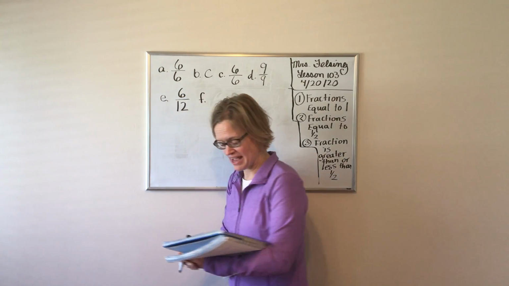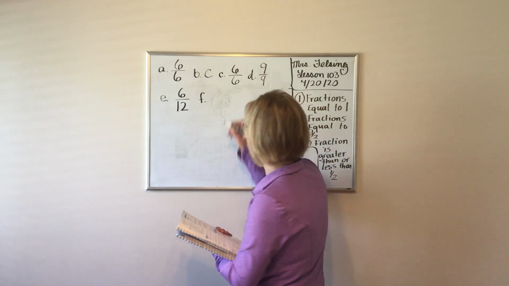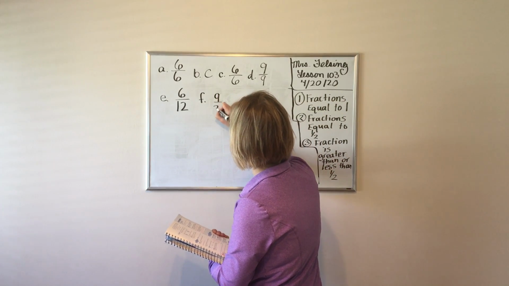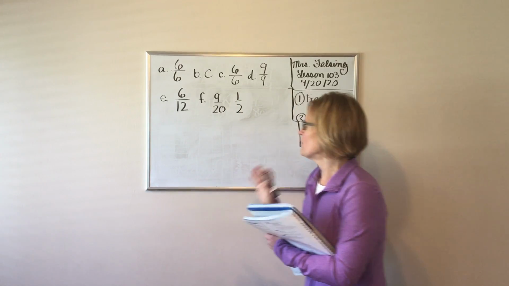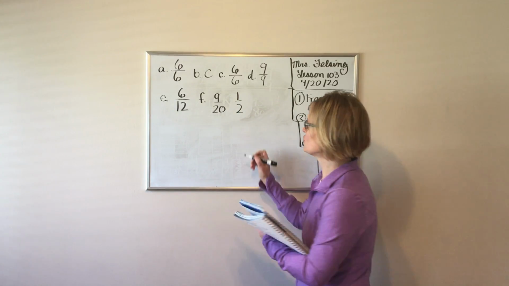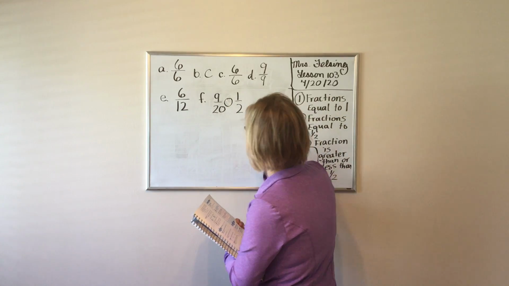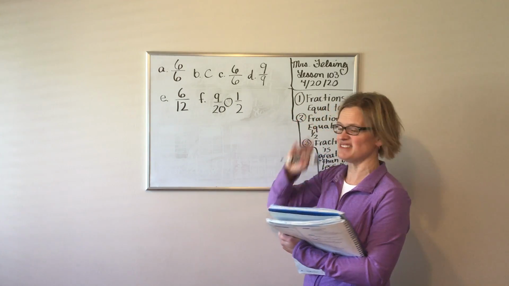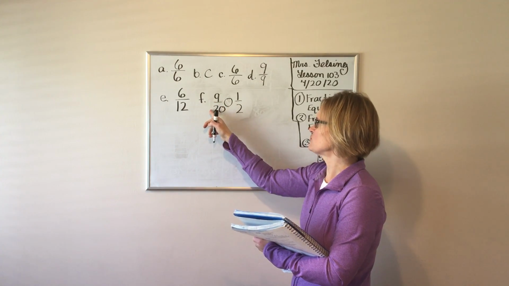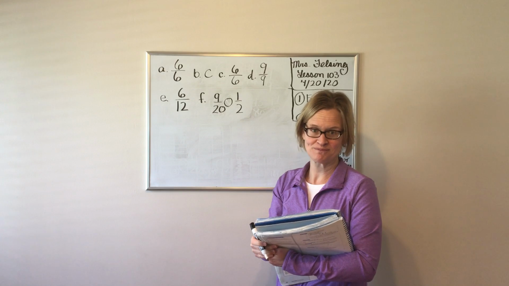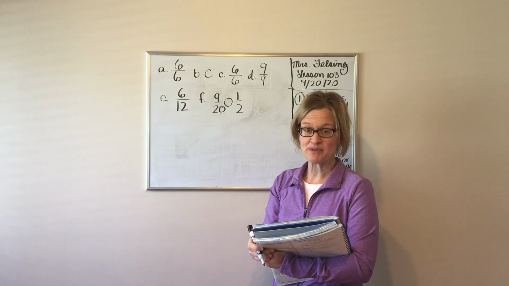Then we go to letter F. Compare 9/20 to 1/2. Well, first things first, we have to determine, is this greater than, less than, or equal to? Well, let's do equal because equal is easy. Is 9/20 equal to 1/2? No, it's not. So now we need to decide.